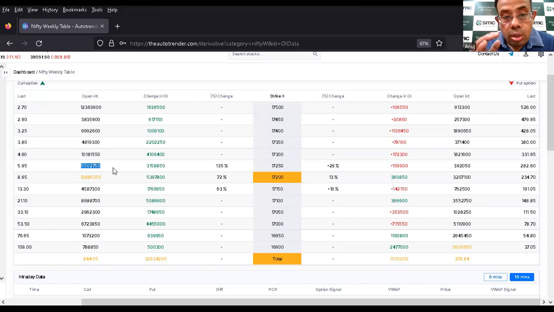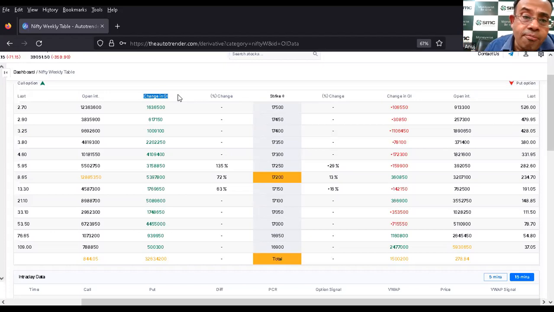So in change in OI, what we do, from an intraday perspective, is try to find out whether the call writers are active or the put writers are active. If call writers are active, then the market will attempt to go down.